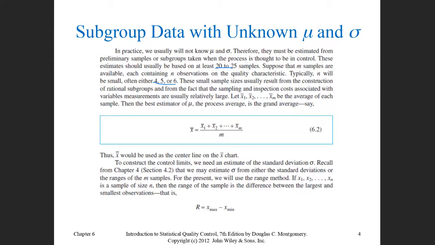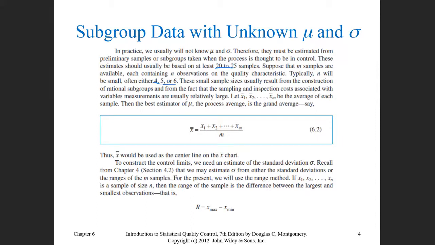What we mean here by X double bar is the average of the average samples. So if we have 20 samples or 25 samples, each sample has 5 readings. The average X bar 1 refers to the average of the 5 readings for sample 1.